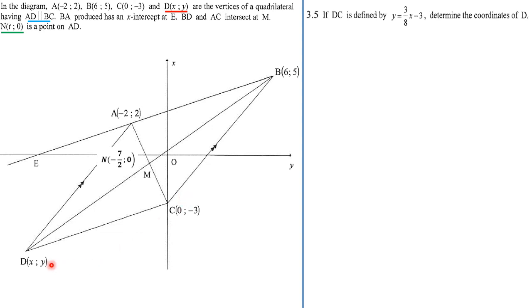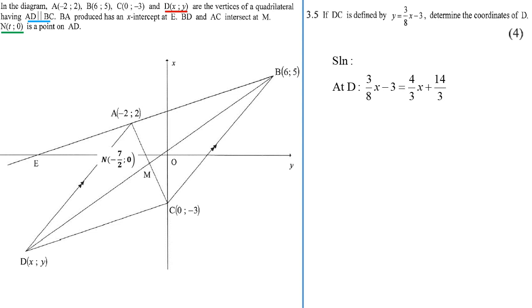Determine the coordinates of D. This is exactly what I was talking about. At the point of intersection, the equations of the two lines intersecting at that point are equal. So now that we are given the equation of DC and we know the equation of AD, we just equate them. Then we solve them simultaneously, and we get the value of X and the value of Y. This is 4 marks.